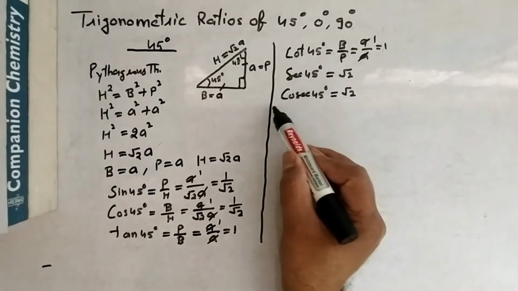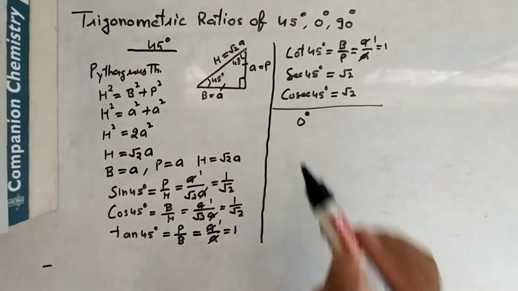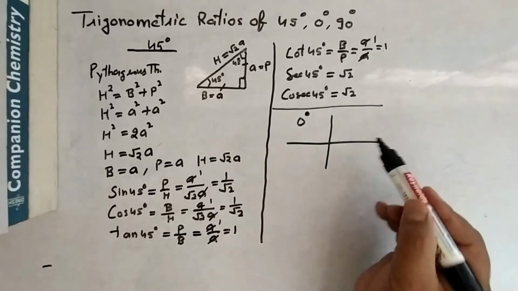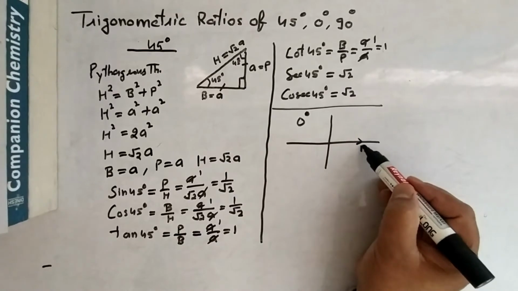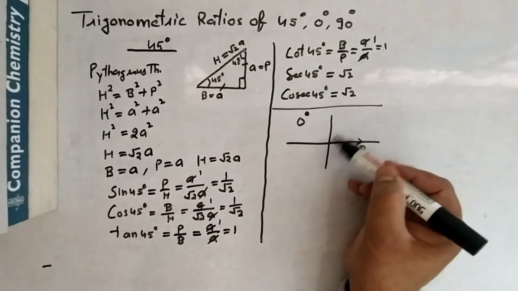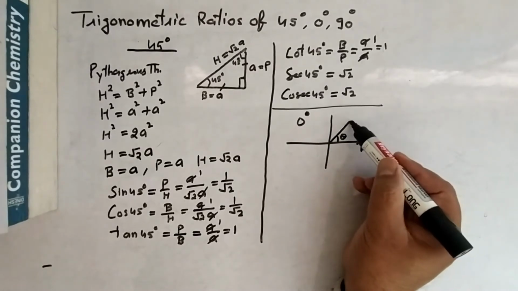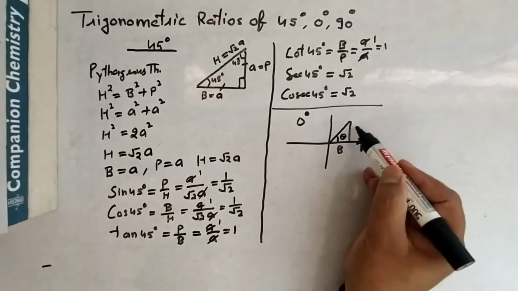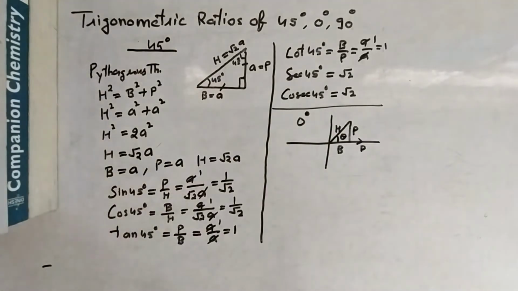Now let us try to find the trigonometric ratios of 0 degrees. Children, for this I will give you a trick. I was telling you this is an OP line, it moved from here to here. Suppose at any moment it is here, this angle was theta and you draw a perpendicular. So obviously this was base, this was perpendicular and this was hypotenuse in the previous case.